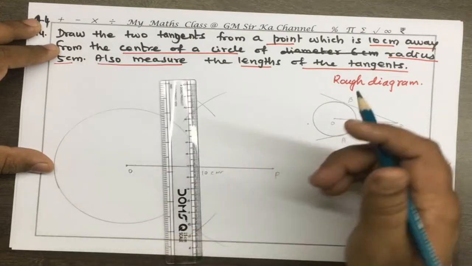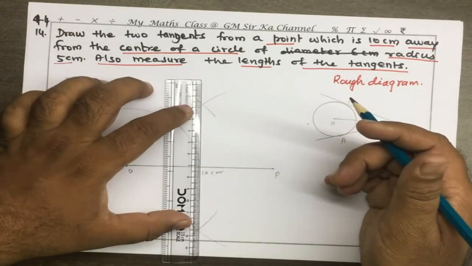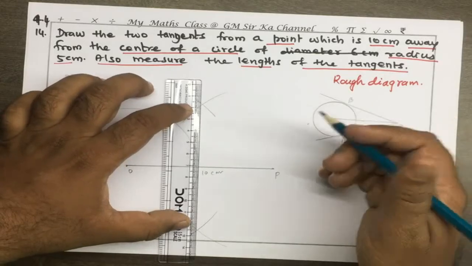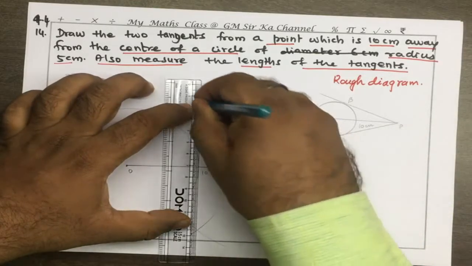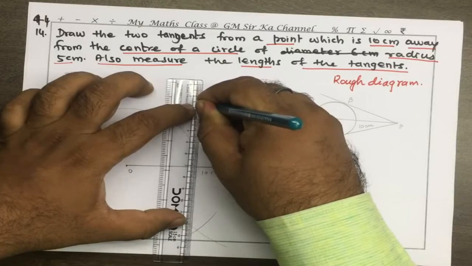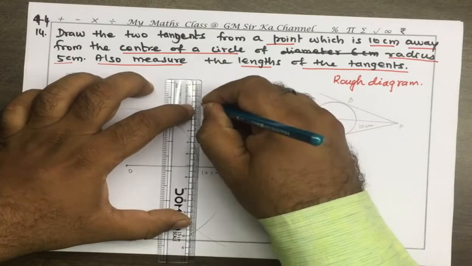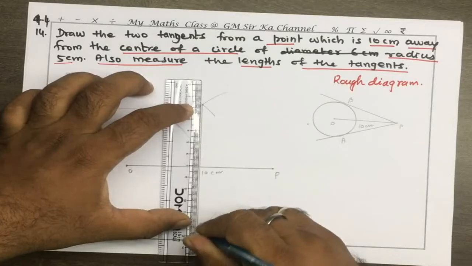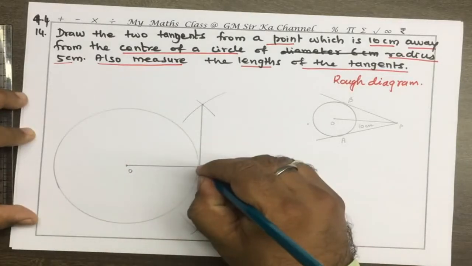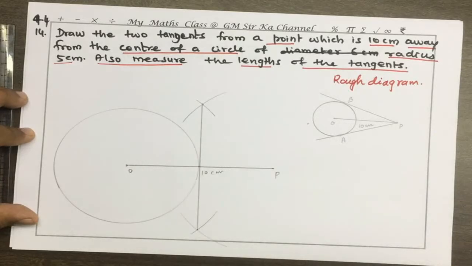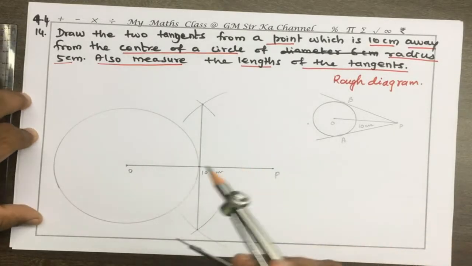Join both the points of intersection above and below the OP to get the perpendicular bisector. In this way we have to obtain the perpendicular bisector. It will exactly touch the circle because its midpoint is at 5 and the radius of circle is also 5.